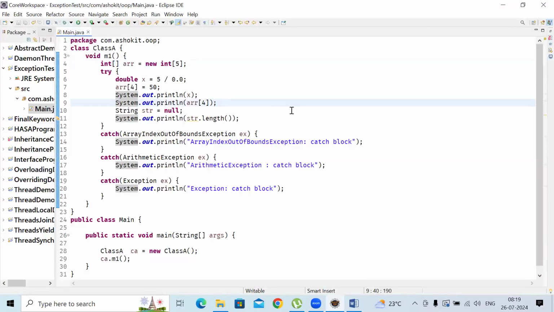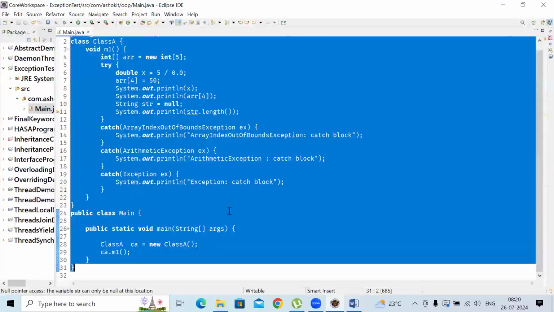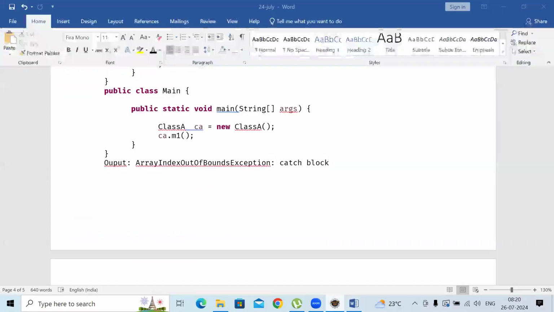Did you understand this example code? Yes, sir. Everybody, are you clear with this? Okay.